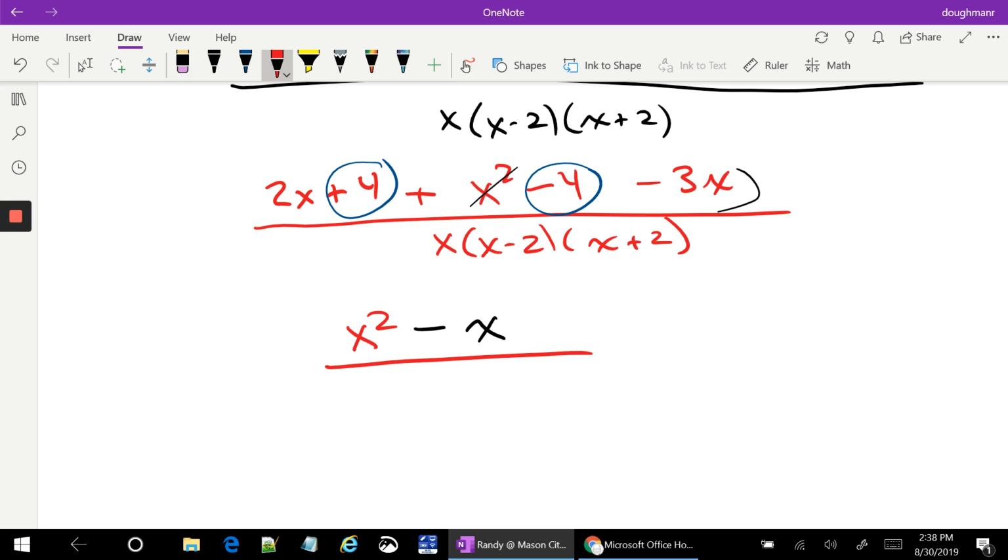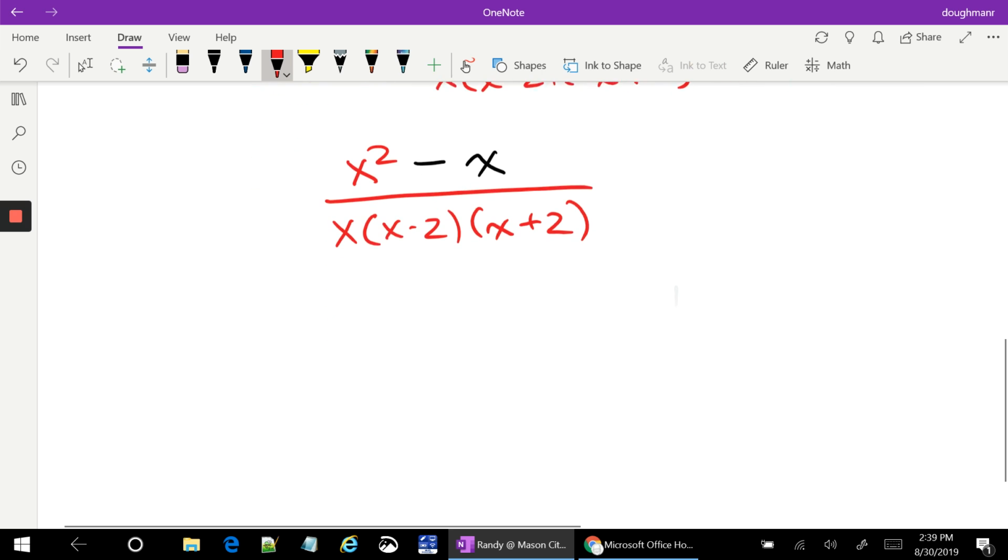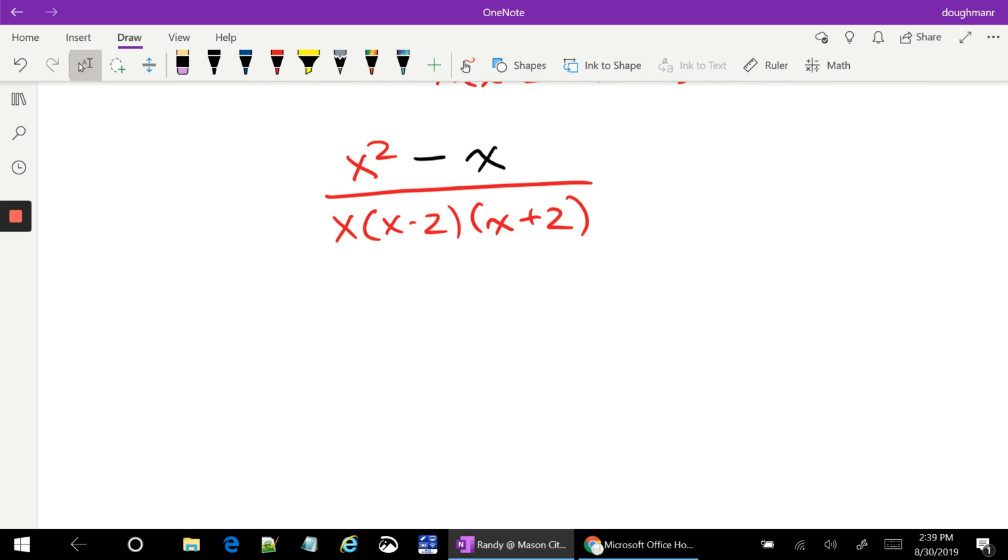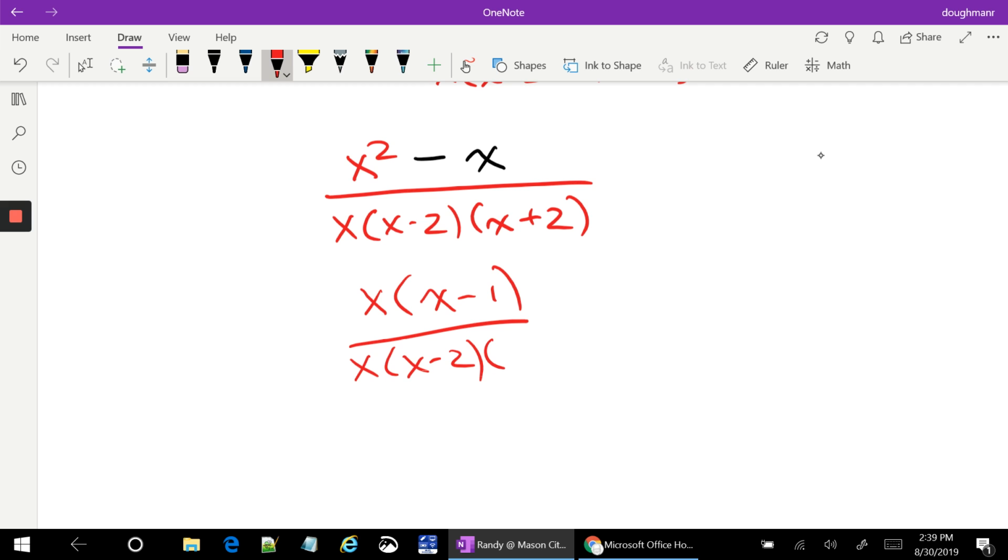So now I'm rewriting my denominator. Just take your time, do it right. Now I realize the numerator can now be factored to x times x minus 1 all over x times x minus 2 times x plus 2.